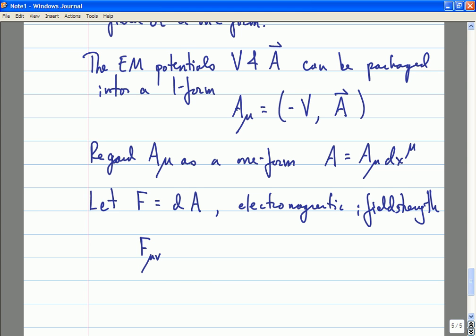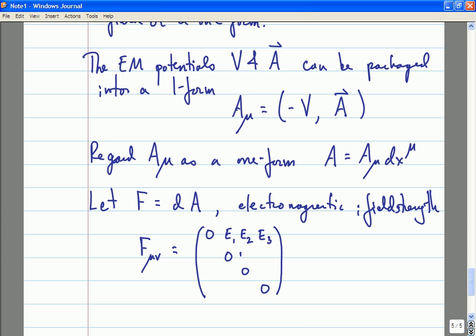And there are 6 fields in electromagnetism, the 3 components of the electric field and the 3 components of the magnetic field. And if you work it out in Cartesian coordinates in flat space, F is nothing more or nothing less than a packaging of those 6 degrees of freedom.